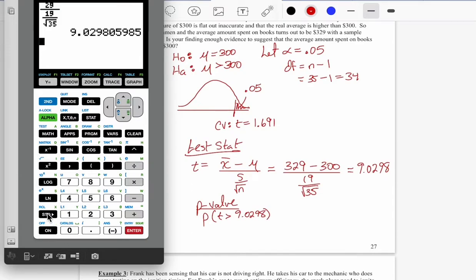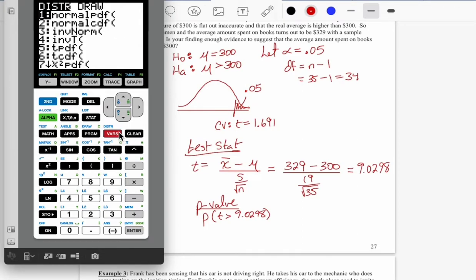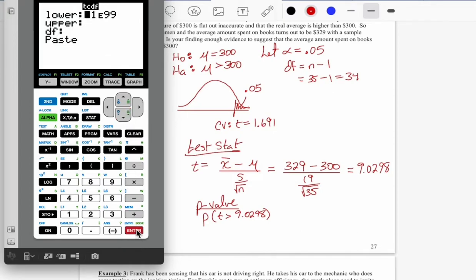I'll store it as capital T. I'm going to use second vars and TCDF. The lower bound is what I just defined as T. Upper bound, something big, I'll just put in 1E99 with the appropriate degrees of freedom.